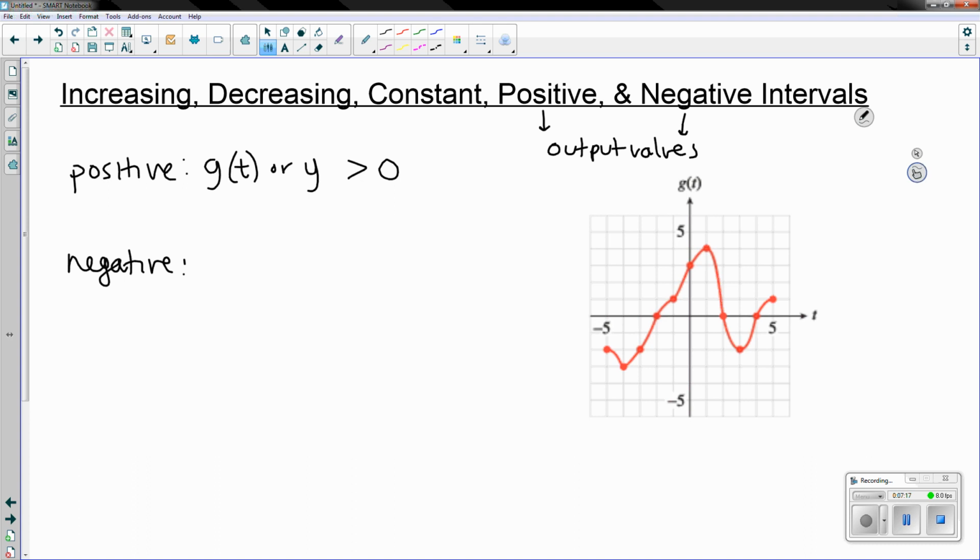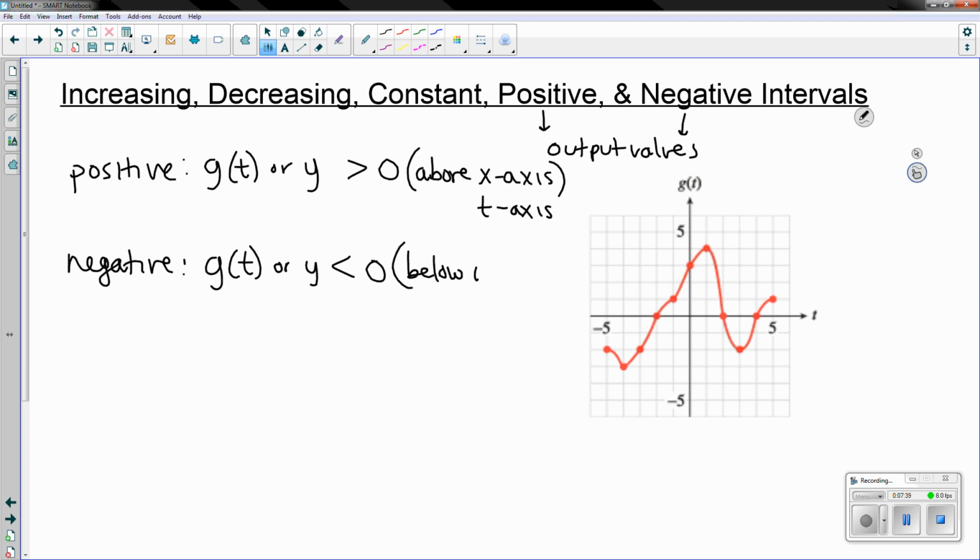So what does it mean to be greater than 0 visually? That just means above the x-axis, or the input axis, or in this case, the t-axis. To be negative, your g of t or your y values need to be less than 0, or below the input axis, which is most often the x-axis.